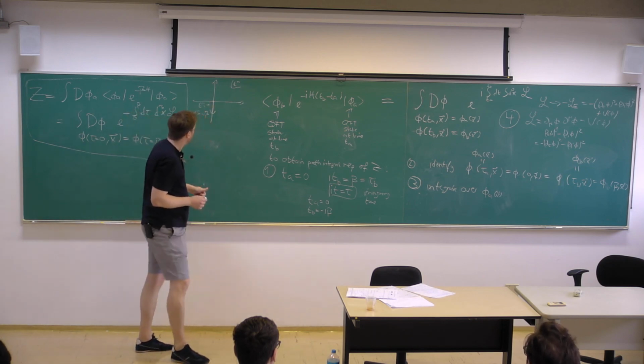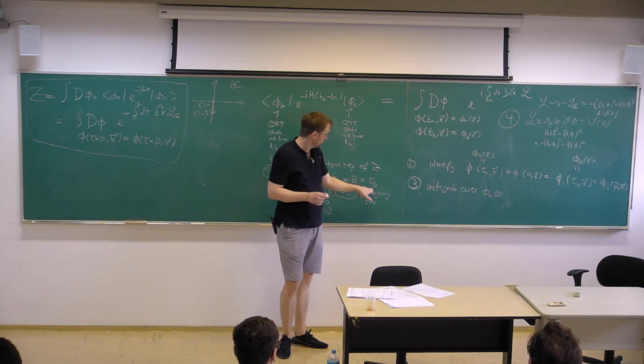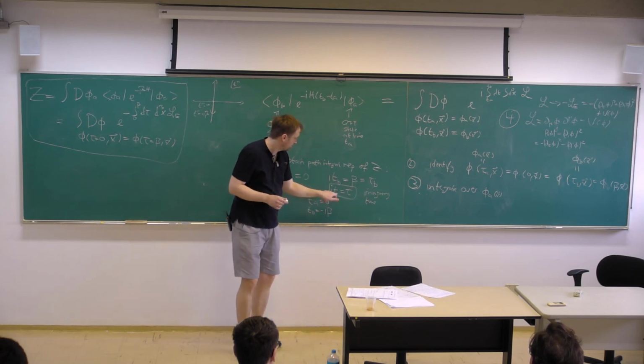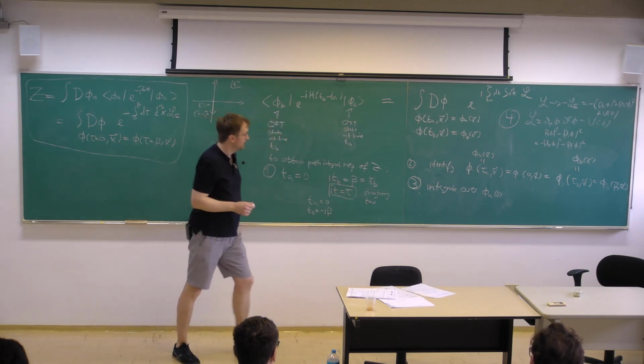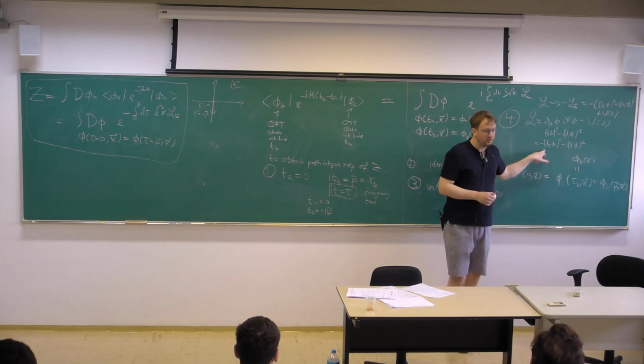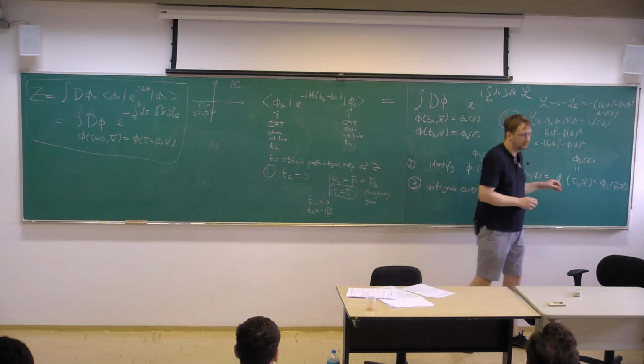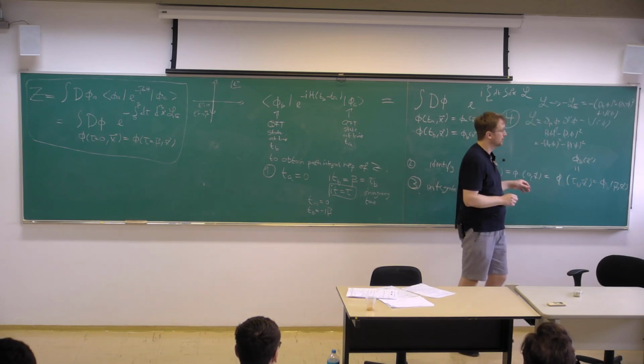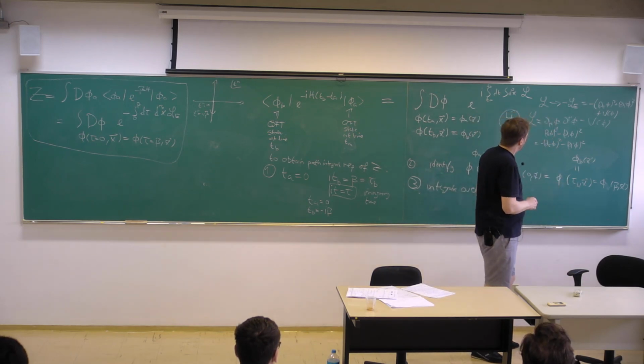And then it is useful to introduce a new time variable tau, which is just I times the original time variable. If I do this, I see that my metric is now the one that I have in Euclidean space, right? Again, it's exactly the same as in the Wick rotation of the energy.